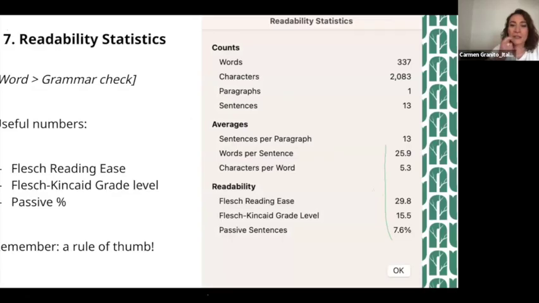Now, something else that you can use if you want to have a measure of how complex the text that you are writing is: readability statistics. So has any of you ever used this while writing content? This is something that you find even in Microsoft Word, for example. Anyone? If any of you has ever tried, just drop a line in the chat box.